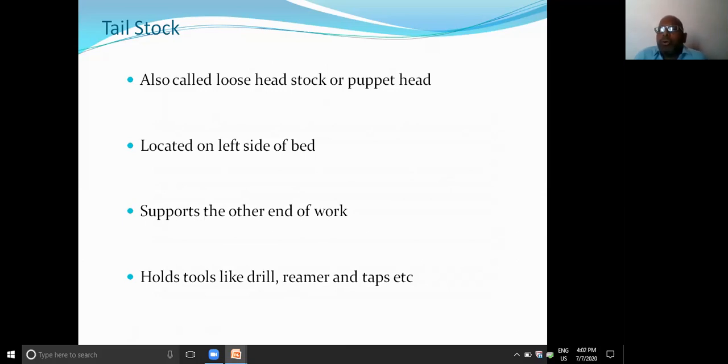If you want to make external threads, then the best option is the lead screw mechanism, and by changing the gear ratio, the required pitch of external threads is obtained. But in order to obtain internal threads, the best operation is the tapping operation. So tapping operation means producing internal threads by using a special tool called a tap.